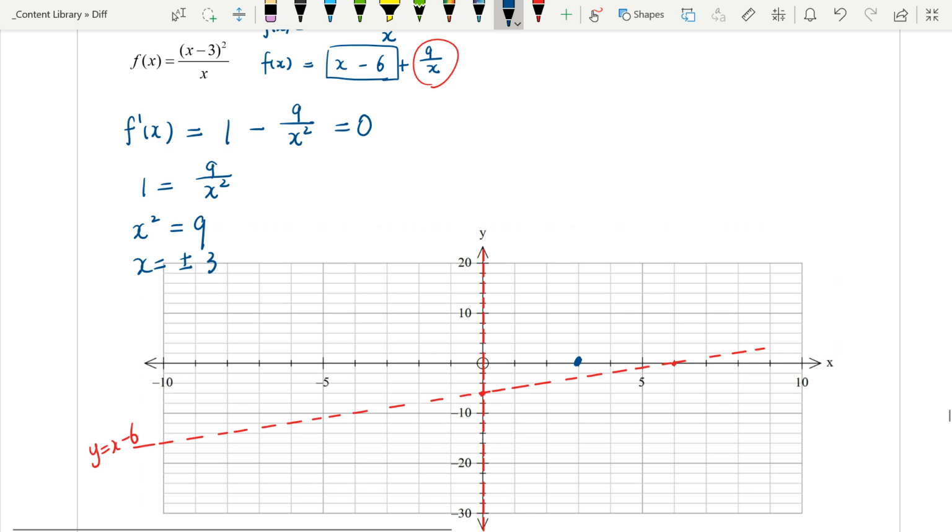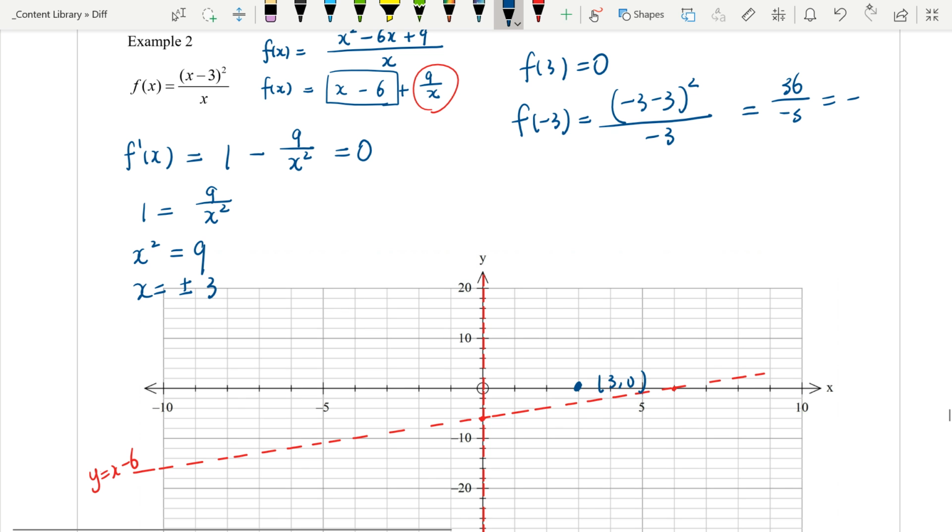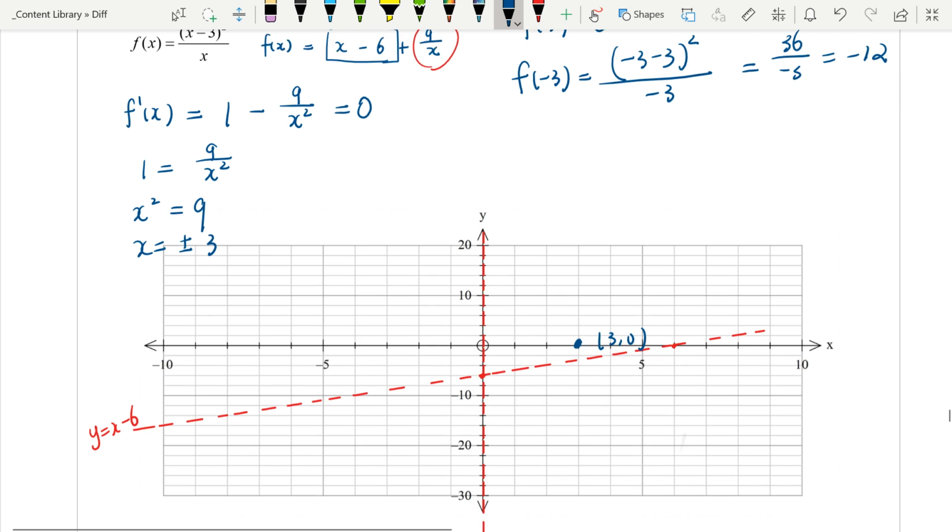Good. So what's f(3)? 0. So f(3) equals 0, so it's actually this point. This point is the x-intercept and the turning point. And what's f(-3)? It's negative 3 minus 3 squared over negative 3, so negative 3 and negative 12.